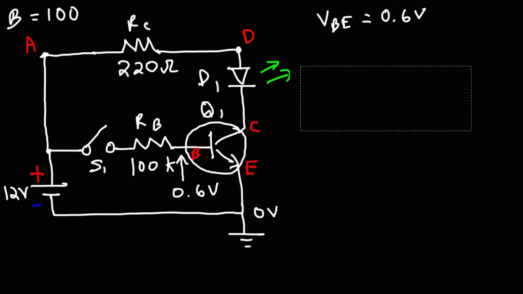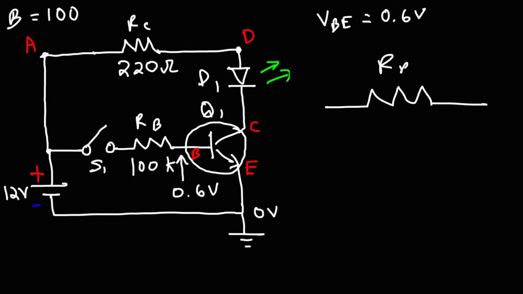Now that we know that, we can calculate the current flowing through RB, which is IB. The potential here is at 0.6 volts, and the potential on the other side of the resistor when S1 is closed is the potential at point A, which is 12 volts.